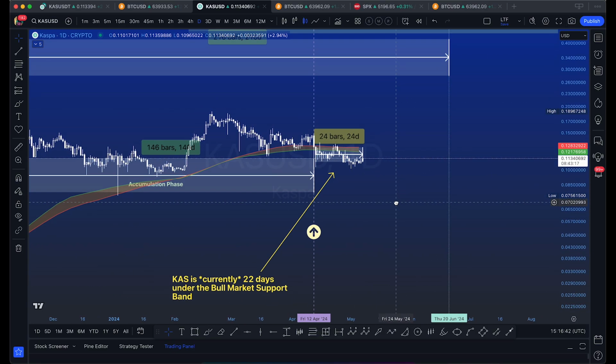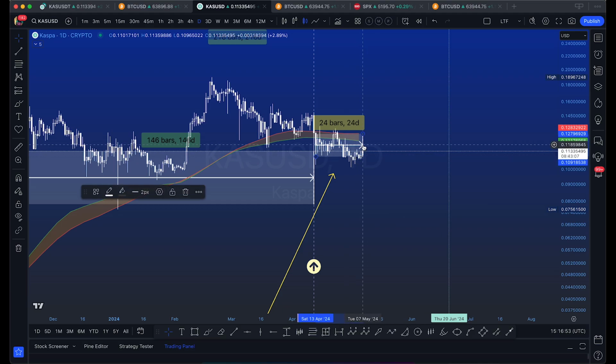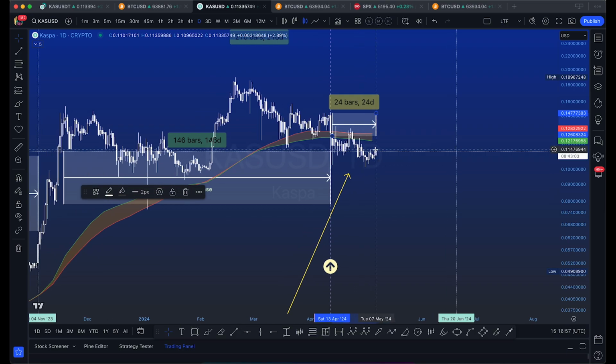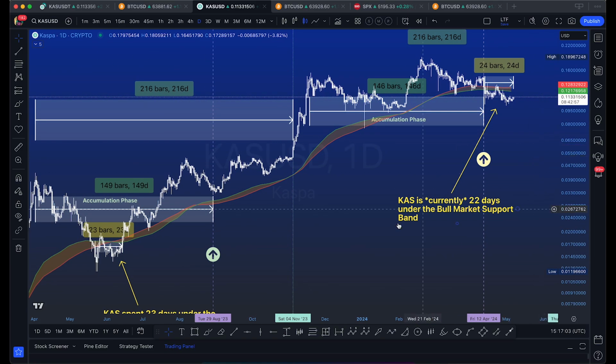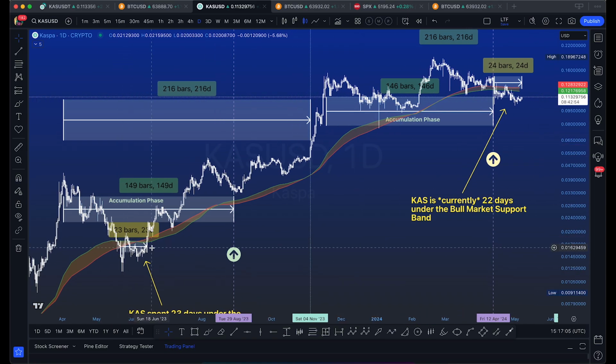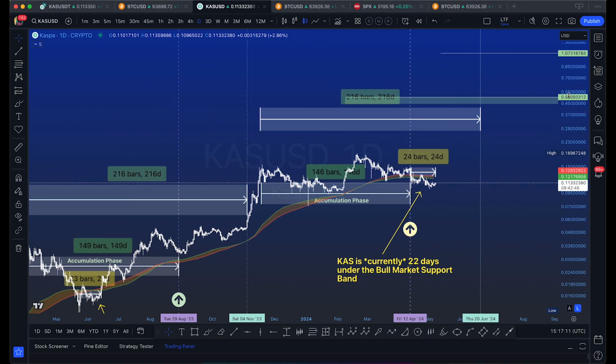Currently, we have been down below these moving averages for now 24 days. And perhaps that is why we are starting to get some upward price action. And so again, that isn't so different from this price action down here. So I think that time is on our side.